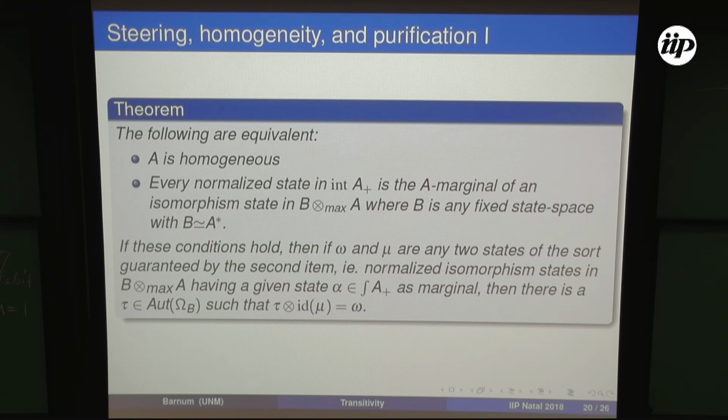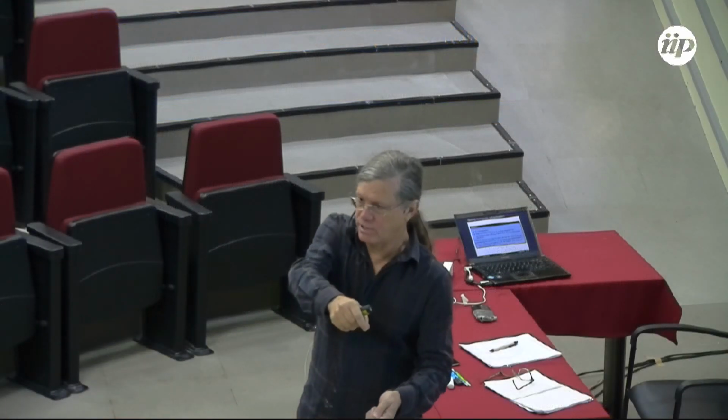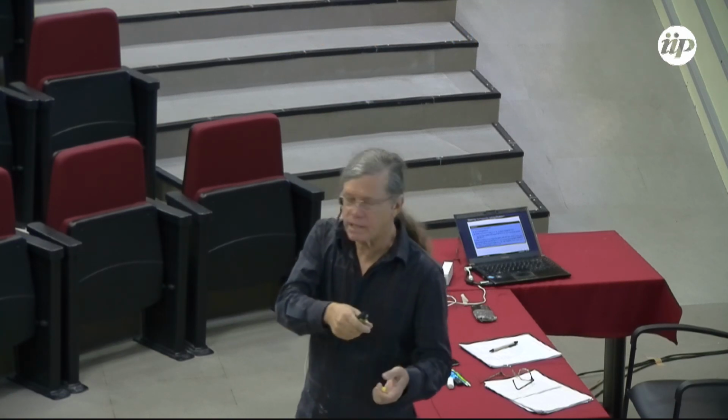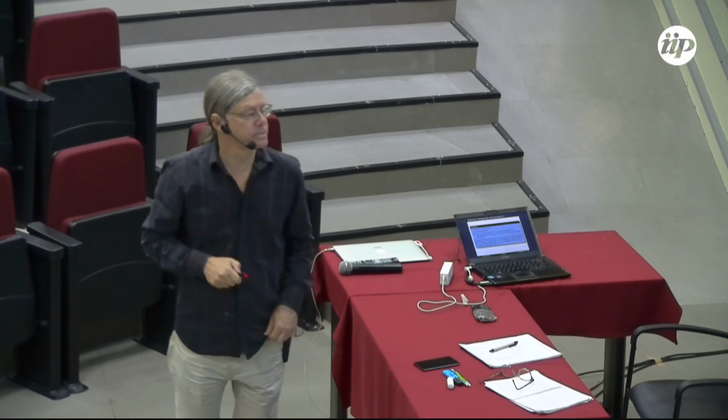Its unnormalized state cone should be isomorphic to the dual cone of the first. Because you see, steering is basically about getting a bunch of effects that add up to the unit effect, so that's in the dual space, over to a decomposition of a state in the primal space.